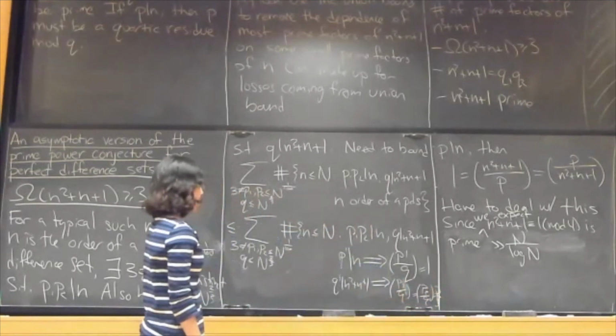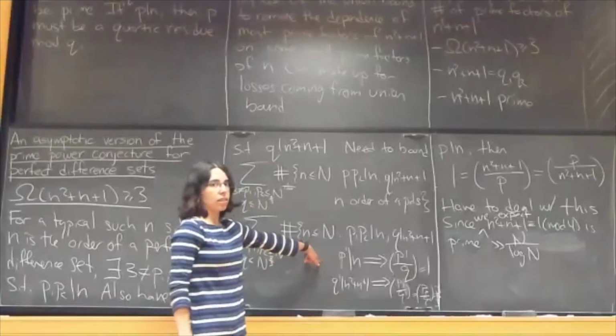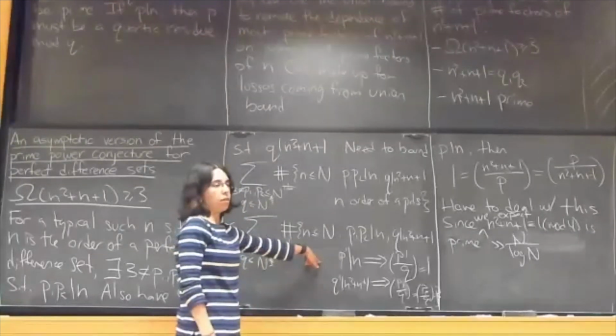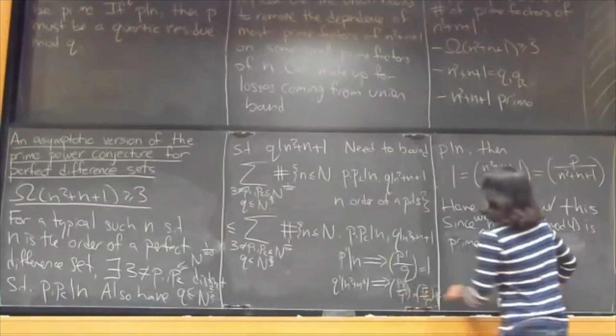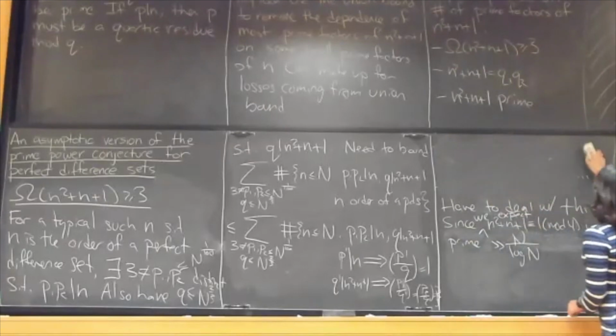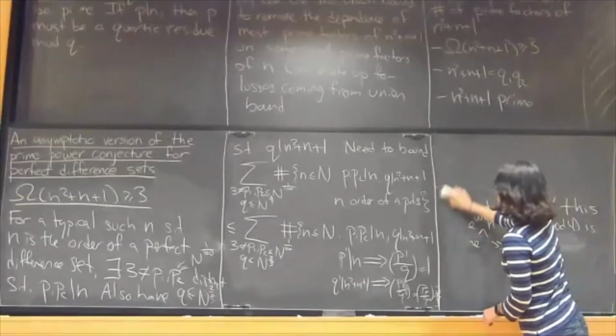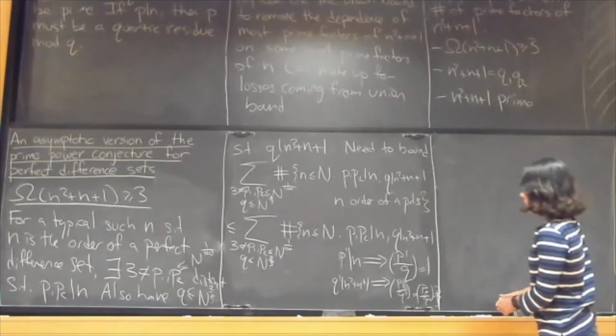And then the critical observation is that bounding the size of these sets is a sieve problem of dimension 5/4, and 5/4 is greater than 1. So we win a lot more than we lost from the union bound.